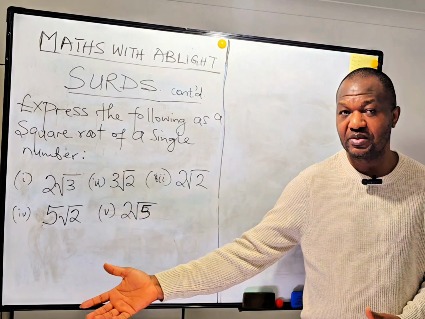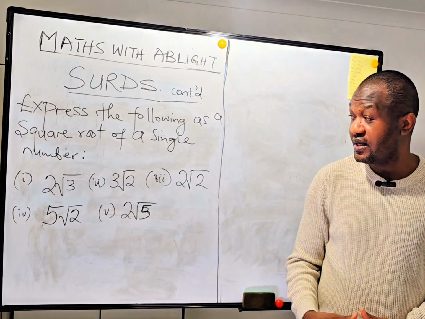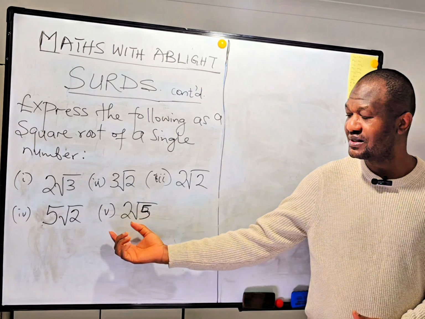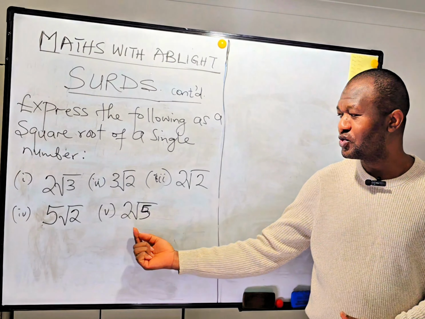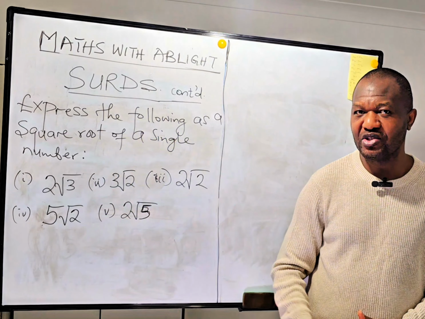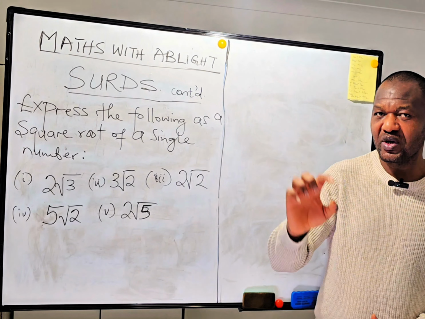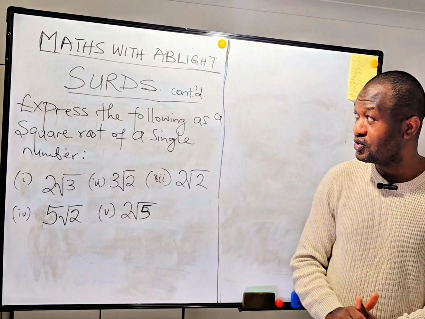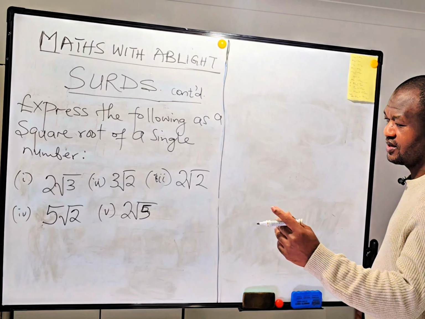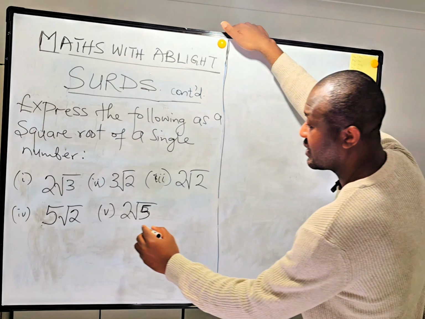If you watched the previous video, you will find out that we took those numbers and expressed them in this simplest form. Now we want to convert these numbers back into their original single square root form. How do we do that? I'll take the first one this way.